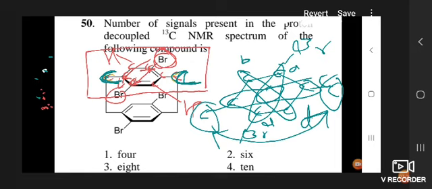Again in that particular part, you have to see whether there is a center of symmetry or not. If there is, then the atoms or groups which are opposite to each other also form the same group. In that way, you can find the correct C13 NMR or H1 NMR signals by adding the plane of symmetry or by considering the center of symmetry. So here the correct answer is 4.